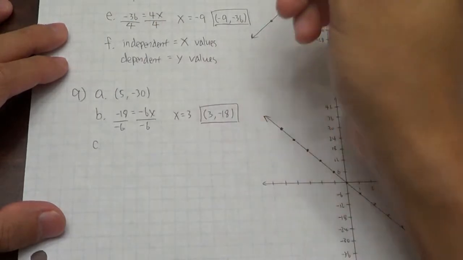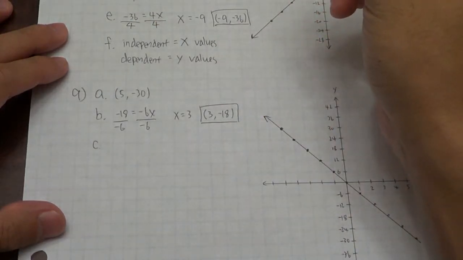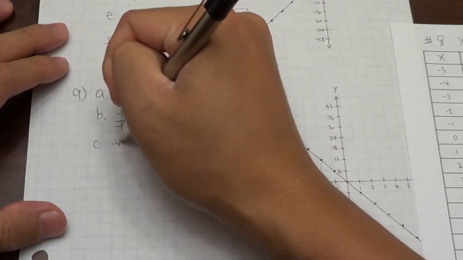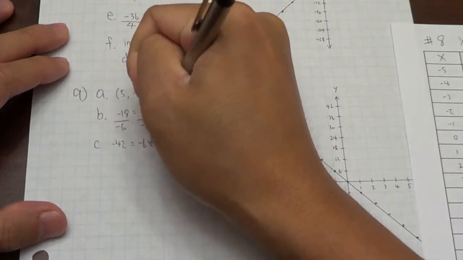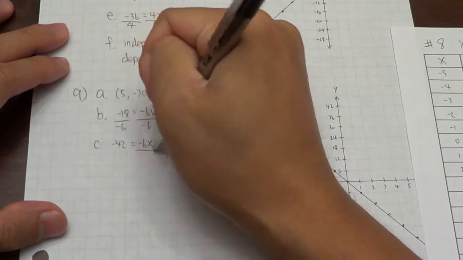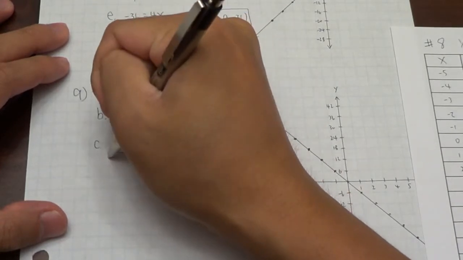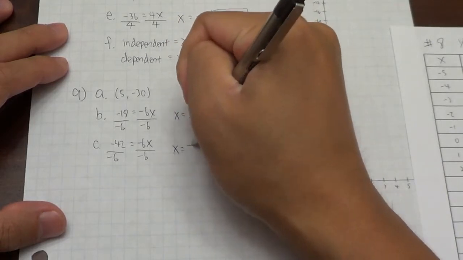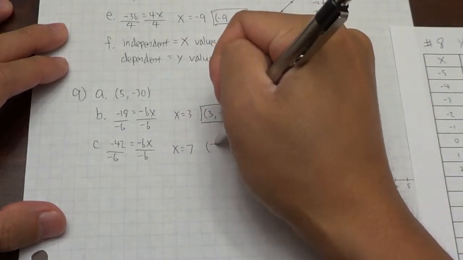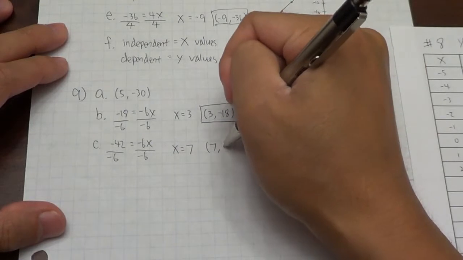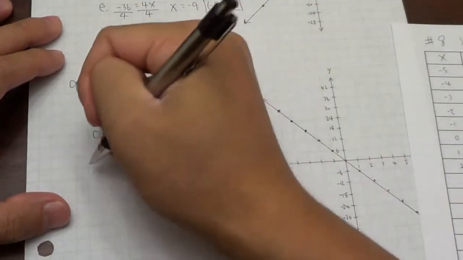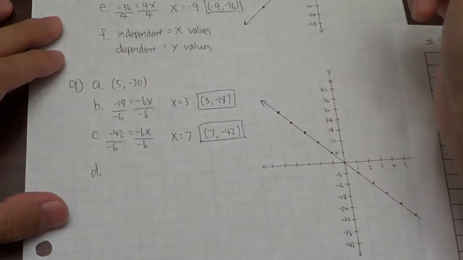Putting that in coordinate form, (3, -18) would be the answer to B. C, if y is negative 42, what is x? Divide both sides by negative 6. Then x will equal 7. So in coordinate form, (7, -42).